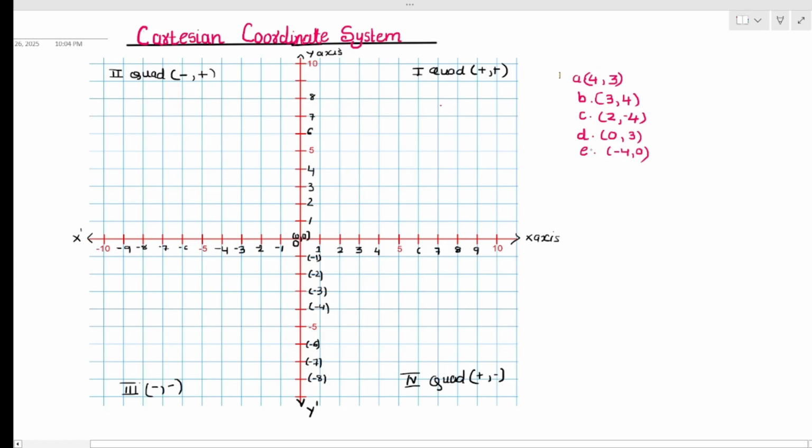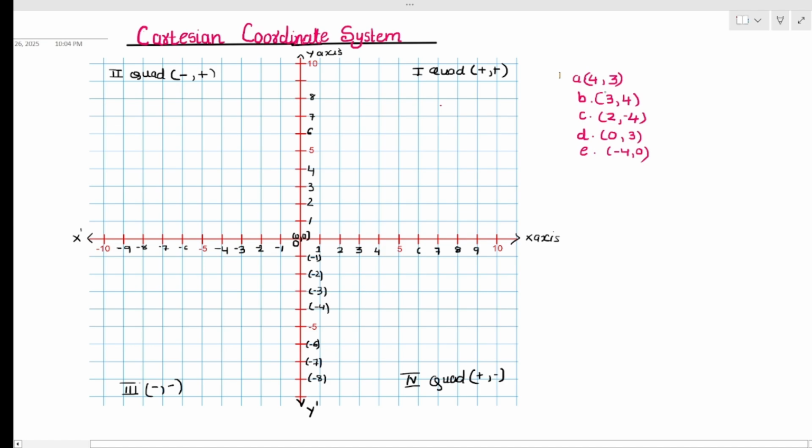Now, I have a few examples to plot over here. The points to plot are A, B, C, D and E. Let's have a quick recollection of how to plot coordinates in your Cartesian plane.